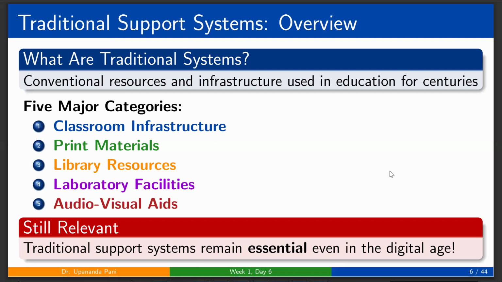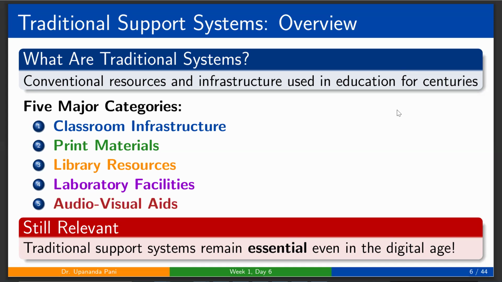So traditional support system, what are they basically? Traditional support system refers to the conventional resources and infrastructure used in education for centuries. There are basically five major categories. First one is classroom infrastructure. Second is print materials. Third is library resources. Fourth is laboratory facilities.